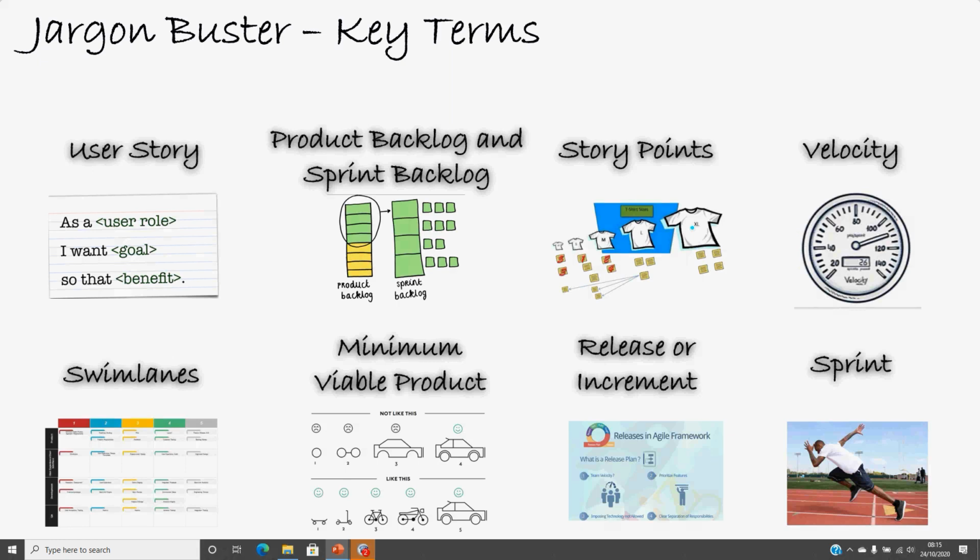And then there's something called story points. A story point is a concept of categorizing the complexity of your user story. So you assign the story points to each and every user story you create.